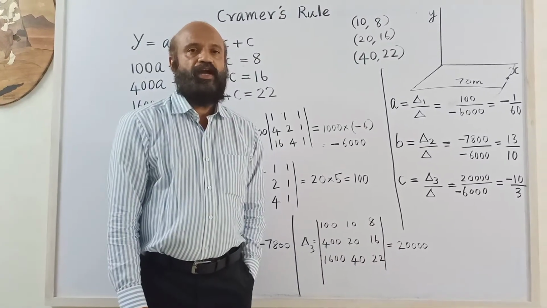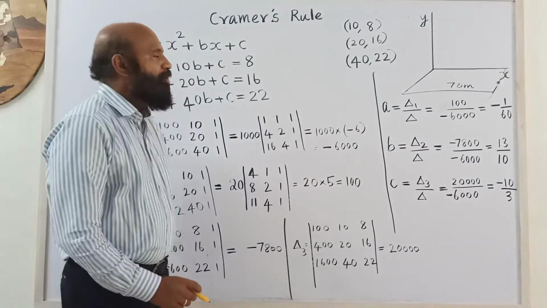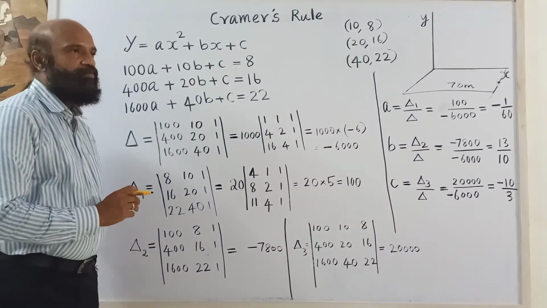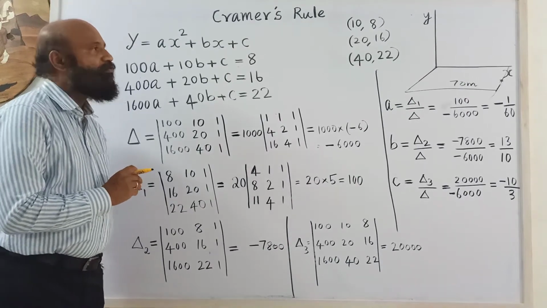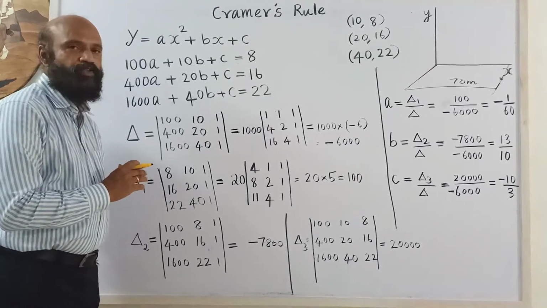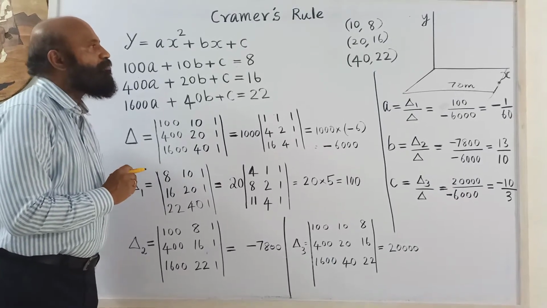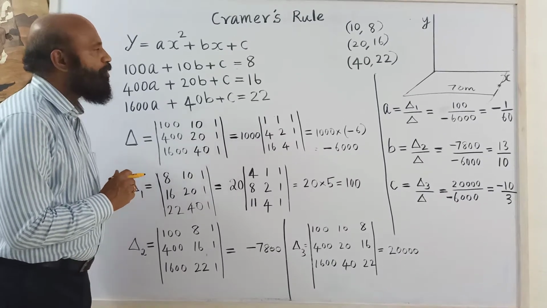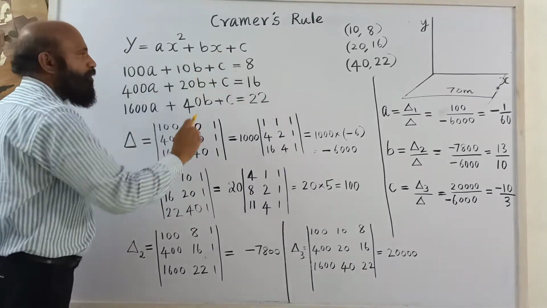Now let us see a problem in cricket using Cramer's rule. In a match, a cricket team needed just 6 runs to win with just one ball left to go. The last ball was bowled and the batsman hit the ball. The ball is moving in a parabolic path in a vertical plane.